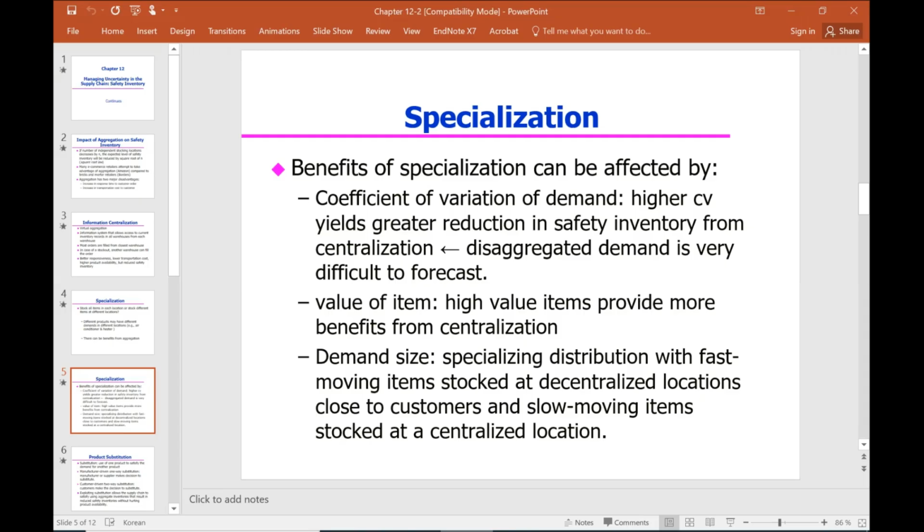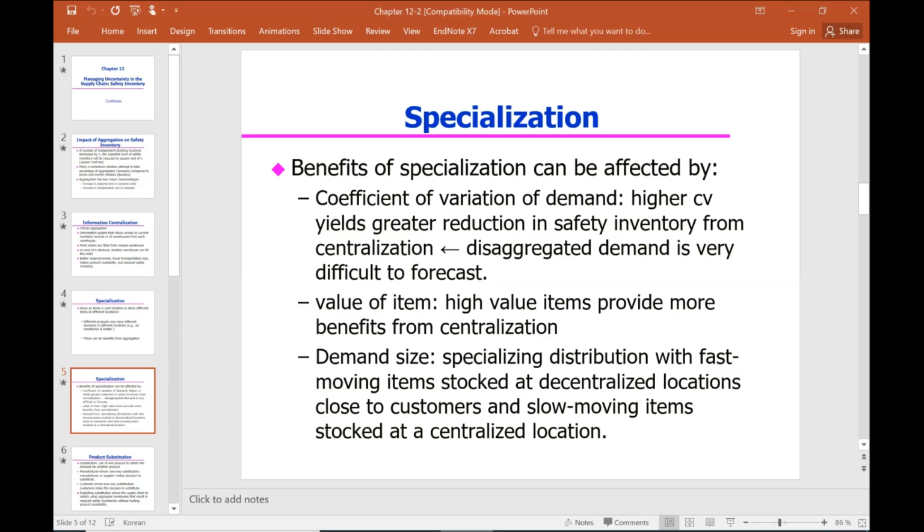Also, the benefit of specialization can be different depending on the value of the item. Basically, if the product item itself, the inventory itself, is very expensive, then you can get more benefit from the specialization. Why? Because normally inventory holding cost is proportional to the inventory value.